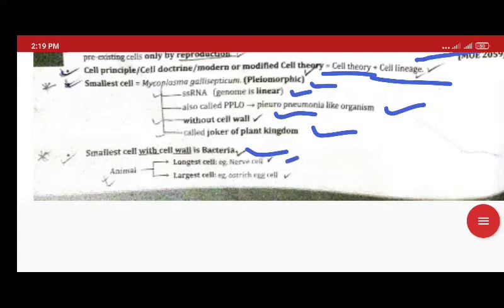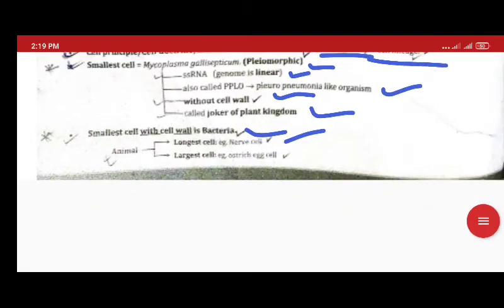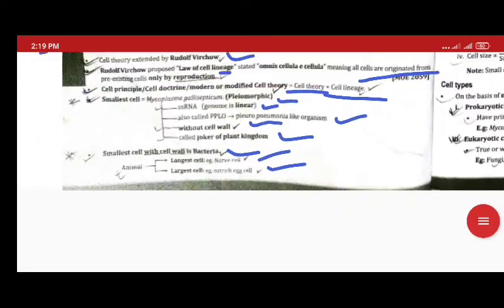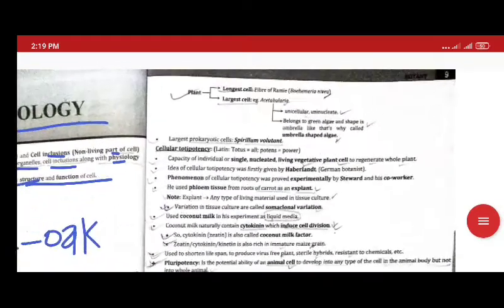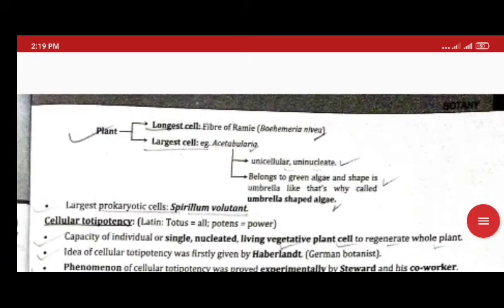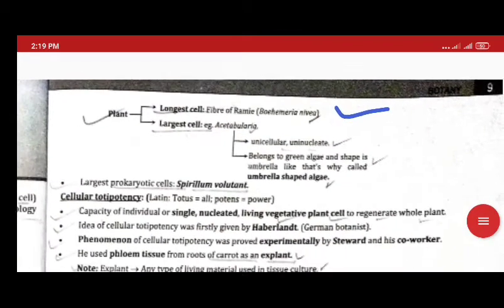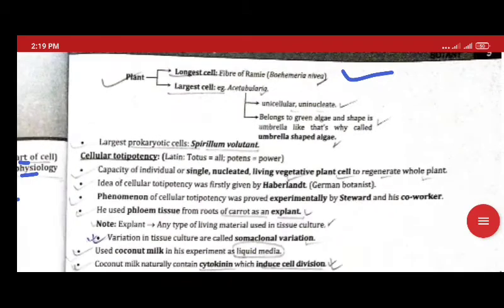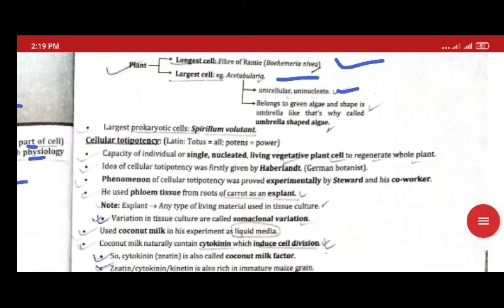In animals the longest cell is the nerve cell. An example is the sciatic nerve, which runs from the hip to the toe or leg. The largest cell is the ostrich egg cell. In plants the longest cell is the fiber of ramie, and the largest cell is Acetabularia, which is uninucleated and belongs to the green algae.